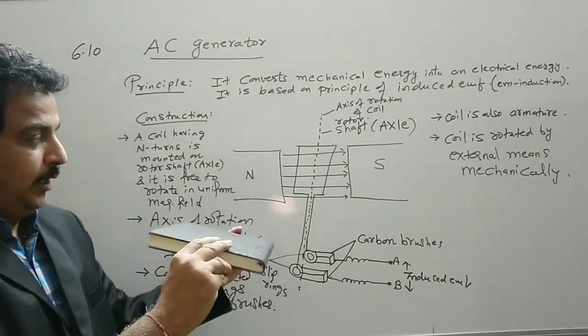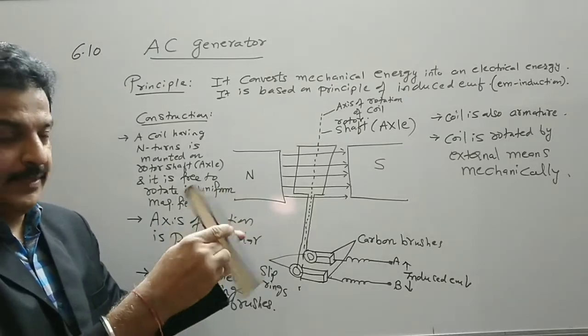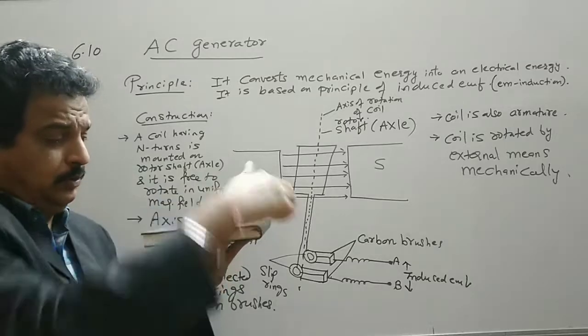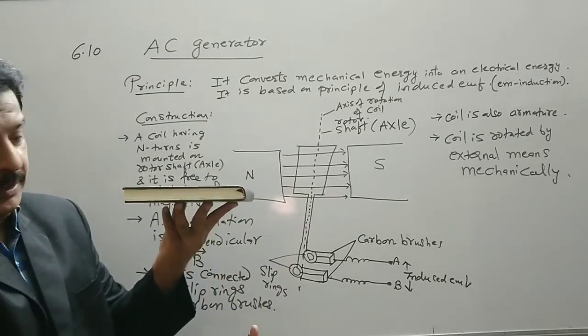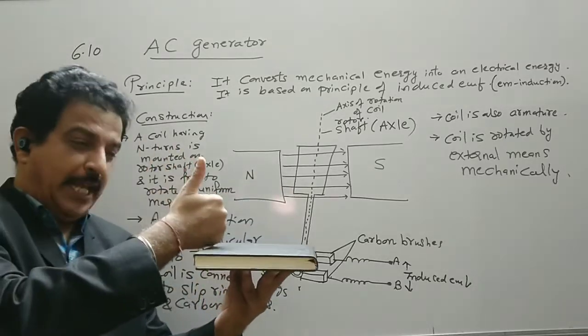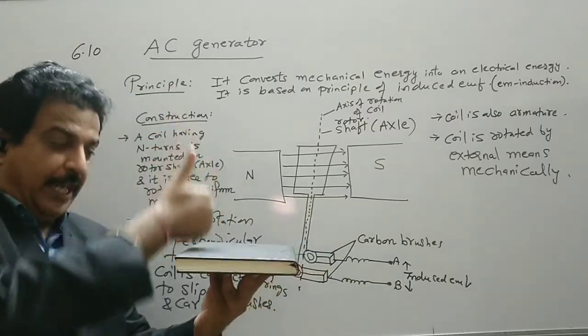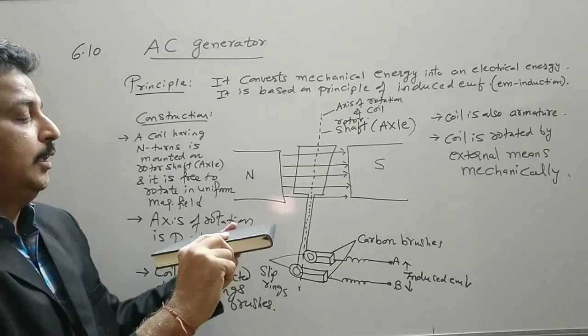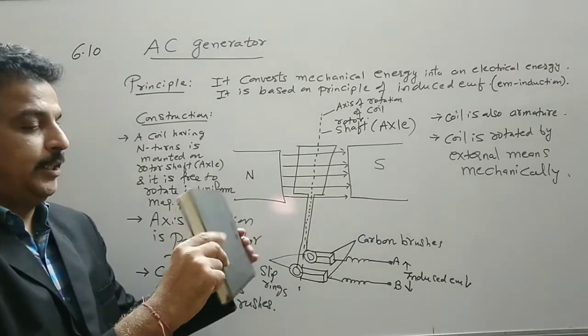If I rotate it clockwise, the force acting on this end should be downward, and the force acting on this end should be upward. Then only it will be able to rotate clockwise.